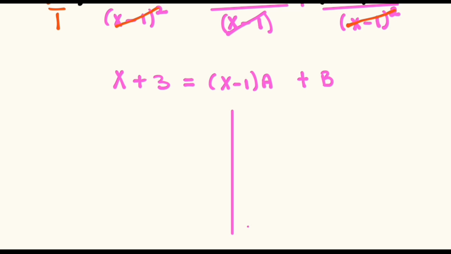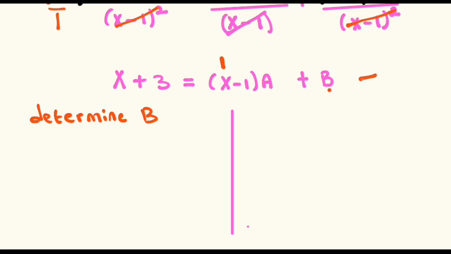So since we have to determine the numerical values of a and b, this side will determine the value of b. In order for us to determine the value of b, we let x be equal to any number. But if we let x be equal to 1, that 1 minus 1 will be equal to 0, and 0 multiplied by a will be 0, and this will give us an opportunity to determine the value of b.